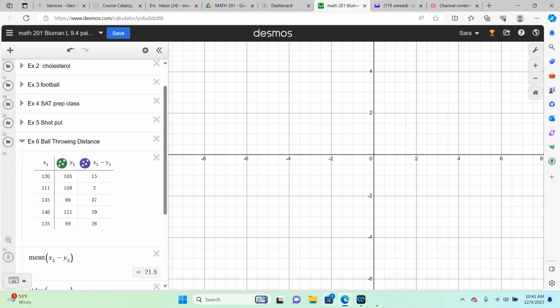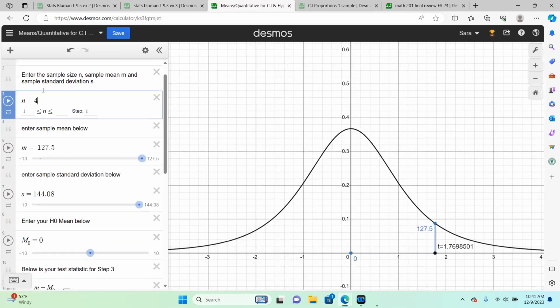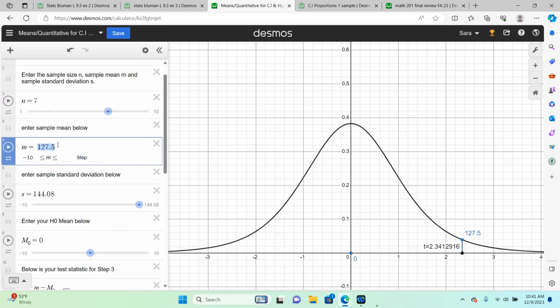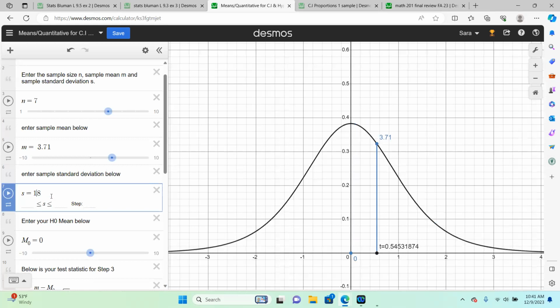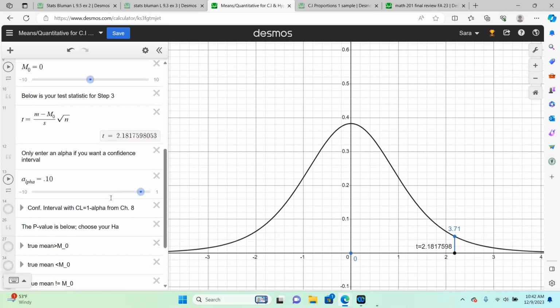And then, like we did before, we can always validate this by going to the means and typing in our data. And that validates our test statistic, 2.182 here, but just rounding, I had 2.184.